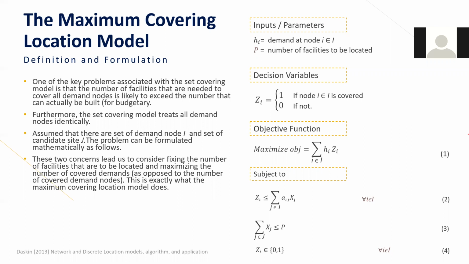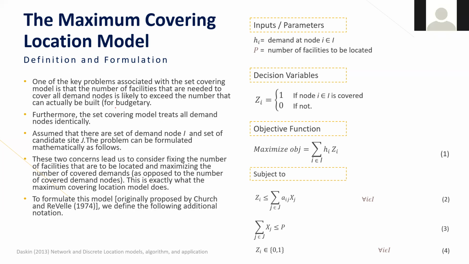But in this model, we want to show you that in real case situations, you may not be able to allocate that many facilities so that all the demand can be covered, right? It happens in practice. For example, let's say your company has a limited budget, or there is a limited option to open the facility.